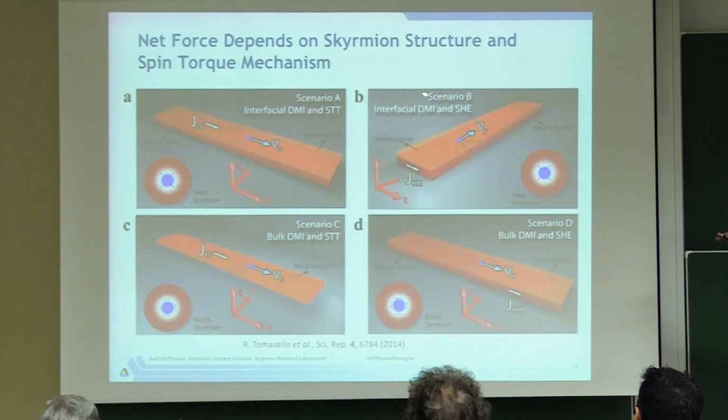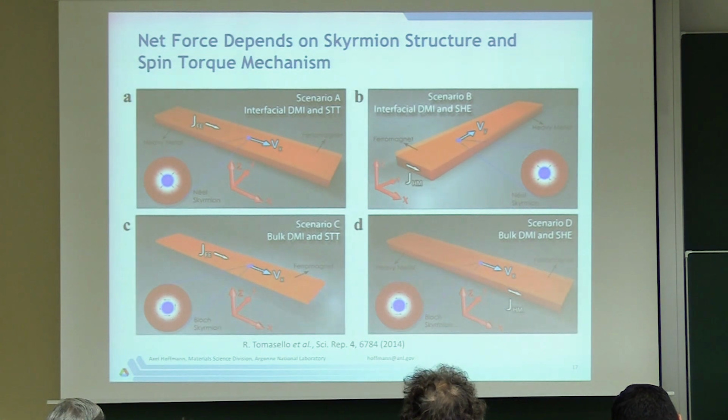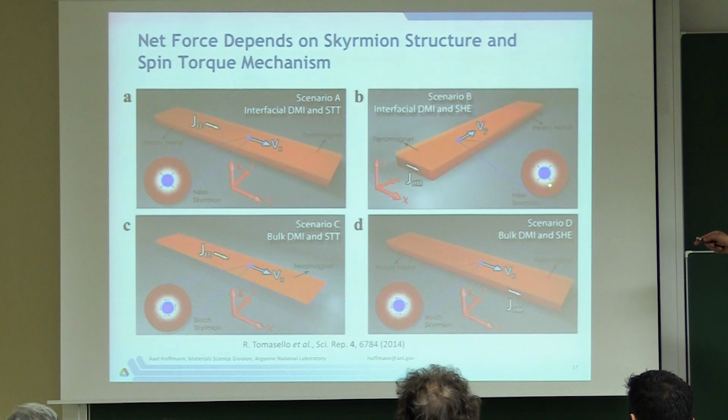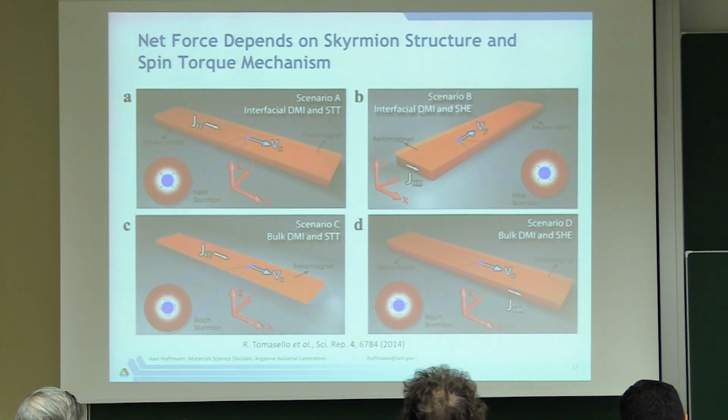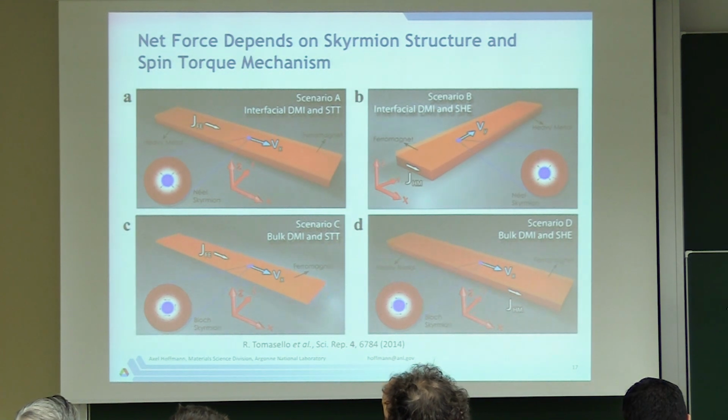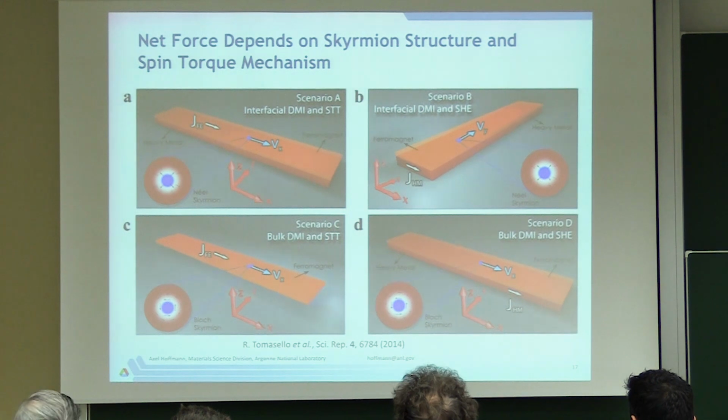You can look at whether you have skyrmions with interfacial DMI, which gives you these Thiele skyrmions, or whether you have bulk DMI configurations. Depending on the symmetry of the structure, the velocities are either along the current or perpendicular to the current, and also depending on the driving force. You can look it all up in detail.